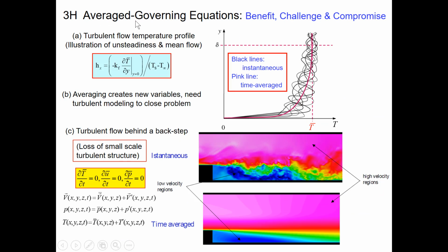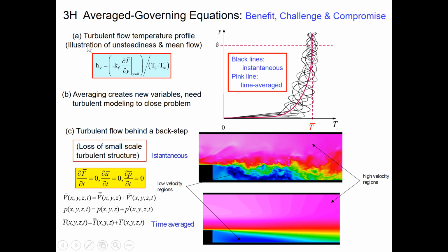Finally, we take a final look at the average governing equation by checking its benefit, challenge, and compromise. This is a plot representing the temperature versus distance, and the black lines represent instantaneous temperature, and the pink line represents the time averaged temperature for the mean flow.